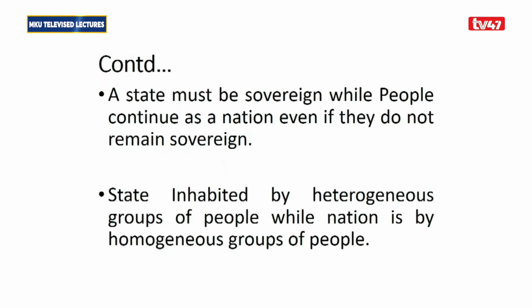And we'll proceed to another difference. A state must be sovereign, while people continue as a nation even if they do not remain sovereign. Also, another difference: states are inhabited by heterogeneous groups of people, while a nation is a homogeneous group of people.